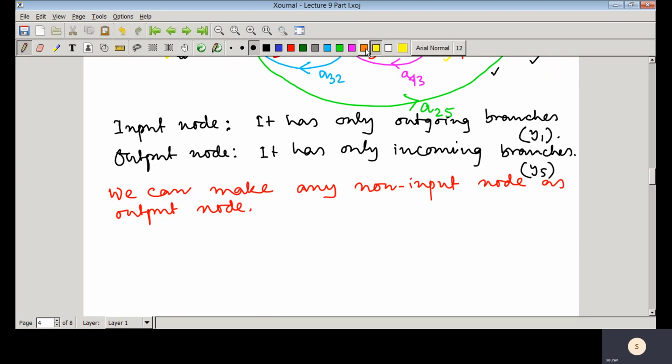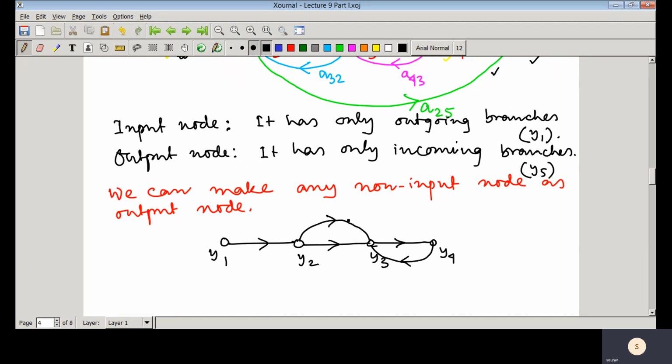So suppose you have one signal flow graph like this. Say this is Y1, Y2, Y3 and Y4, and suppose the signal is flowing like this. So suppose this is the signal flow graph you have.